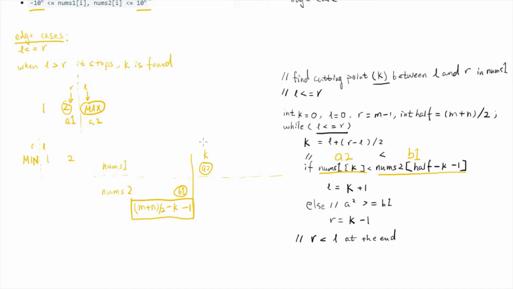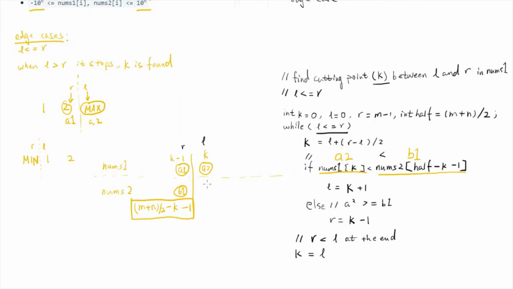And we already discussed the cut will be between R and L. So at this point, we will make sure K is equal to L. So at the end, the index for A1 will be K minus 1.